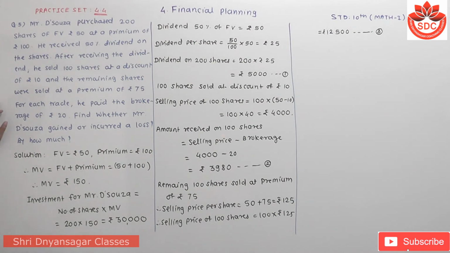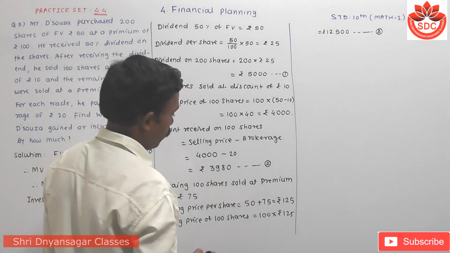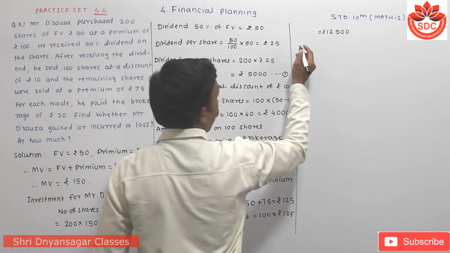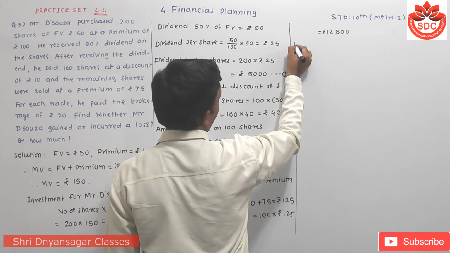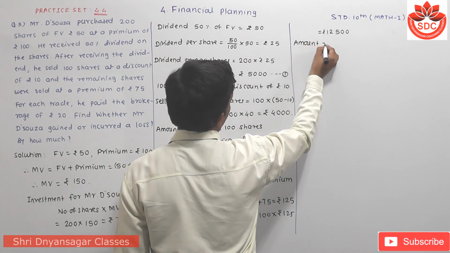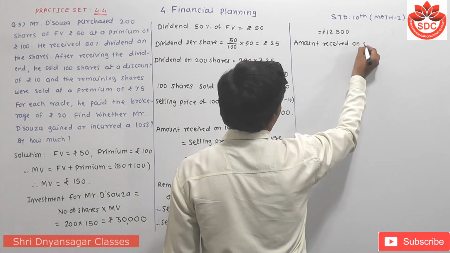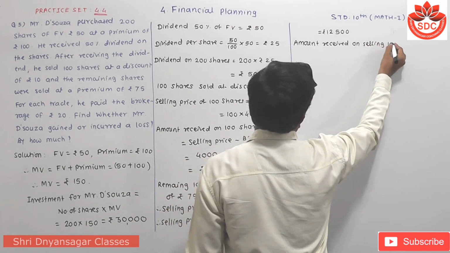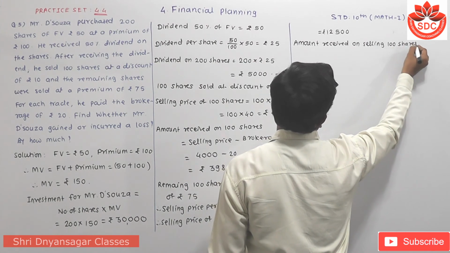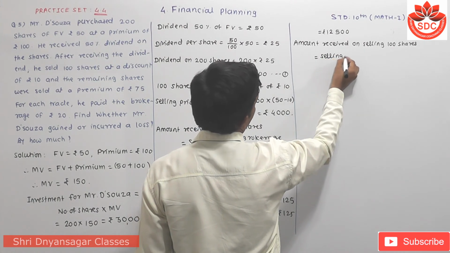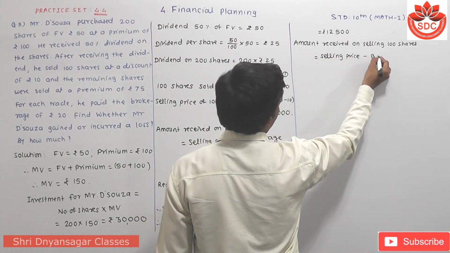Then we find the amount received. Therefore, the amount received on selling 100 shares is equal to the selling price minus how much?